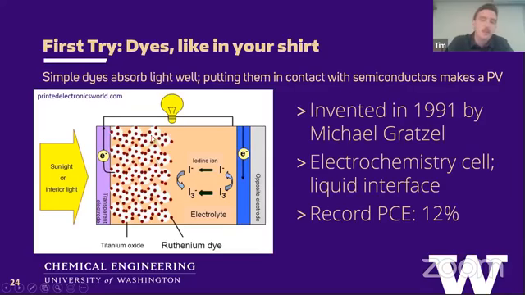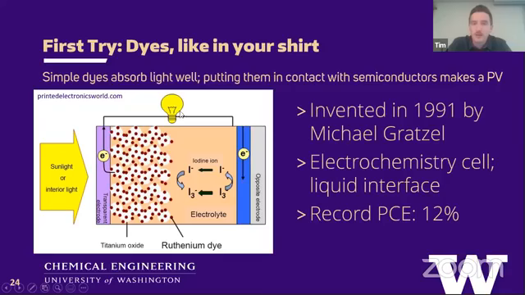But his idea was to take these dyes and put them on a scaffolding that has electronic conduction, titanium dioxide, or TiO2 in this instance. And actually, he was able to create a very efficient solar cell this way, at least very efficient for a first try in a lab.